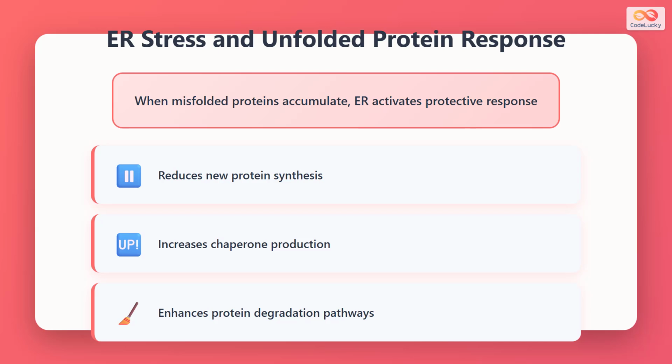Second, it increases chaperone production to provide more folding assistance. Third, it enhances protein degradation pathways to clear out the backlog of misfolded proteins more quickly. This emergency response helps the cell recover from stress and restore normal function. Chronic ER stress is associated with various diseases, making this response critically important.